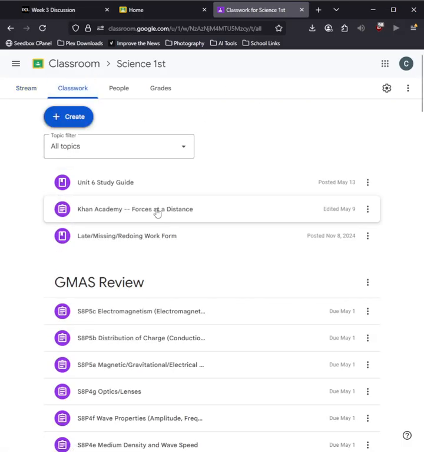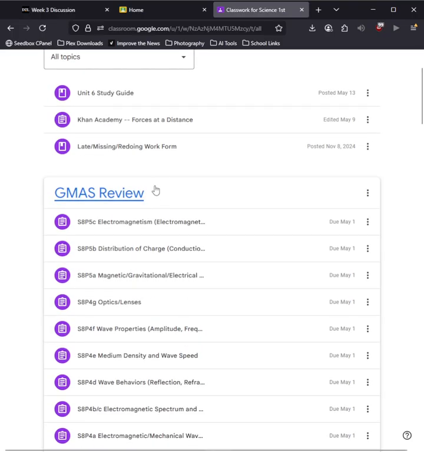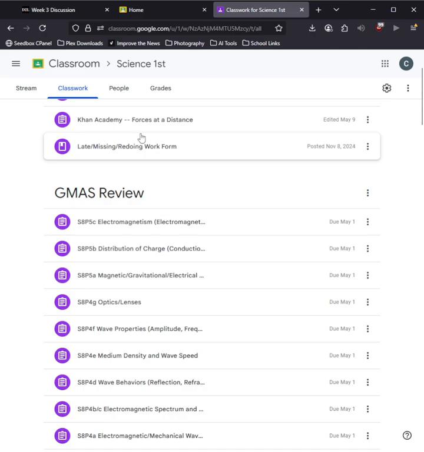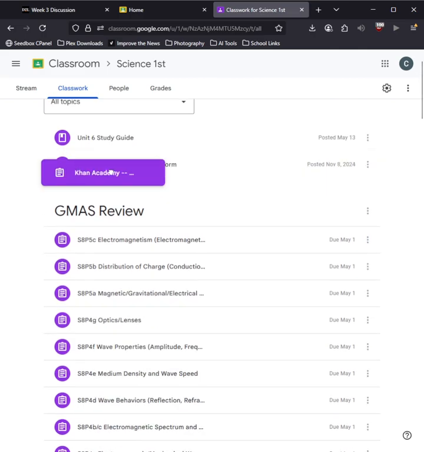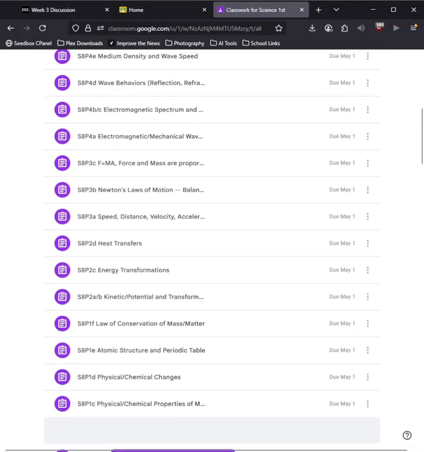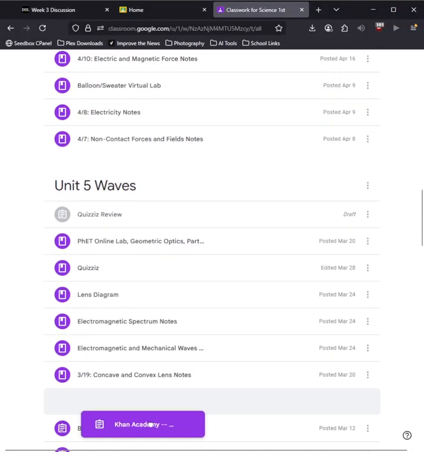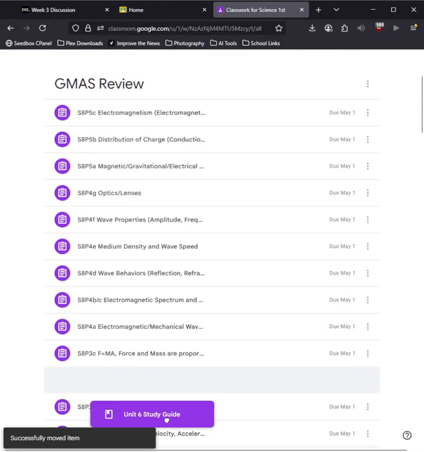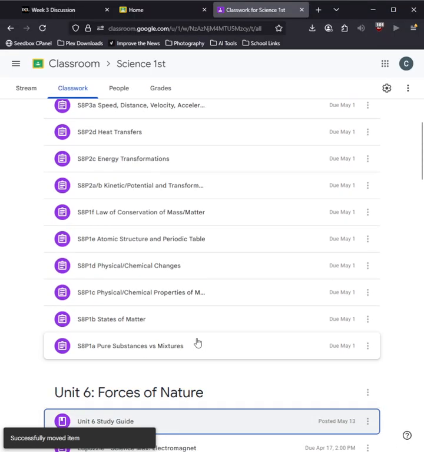So if we go to classwork here, we can look at the breakdown from last year. We had GMAS review. You can see that I left some of the things up here. Not really sure why that's all the way up there, but if we go all the way down here, we can throw it in there, and I can fix that later. Then obviously Unit 6 study guide, which was our last unit.